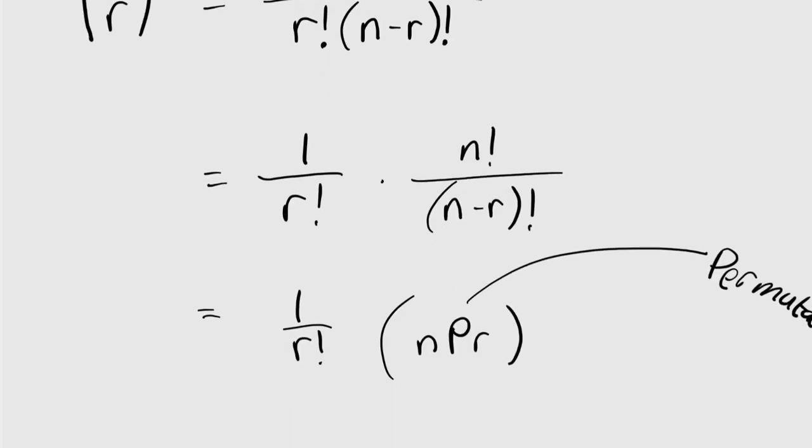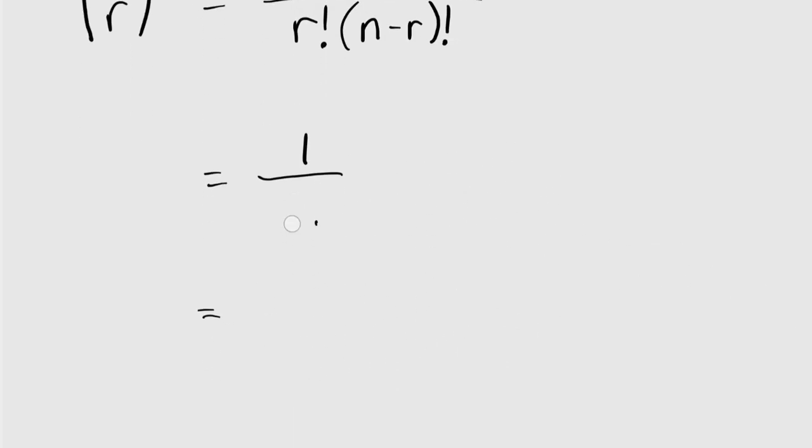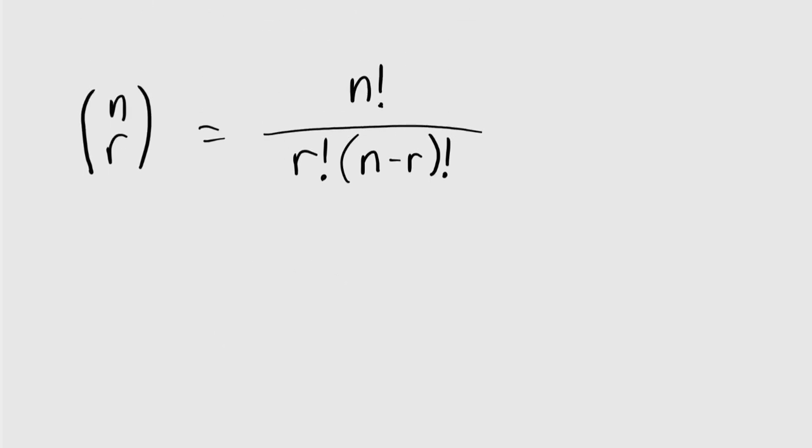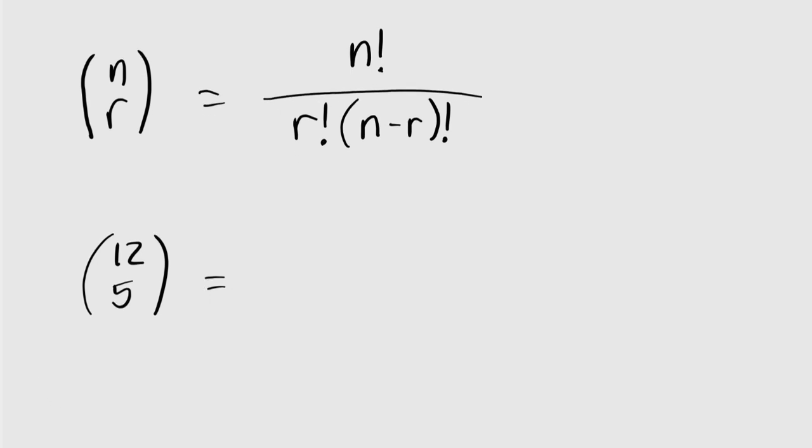Now let's try using the formula. If I quickly erase this, we say 12 choose 5. By the way, a shorter way of saying 12 combination 5 is 12 choose 5.